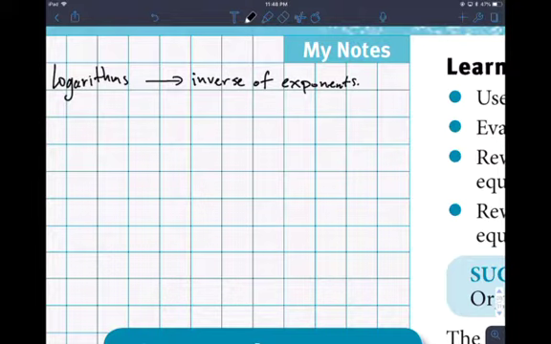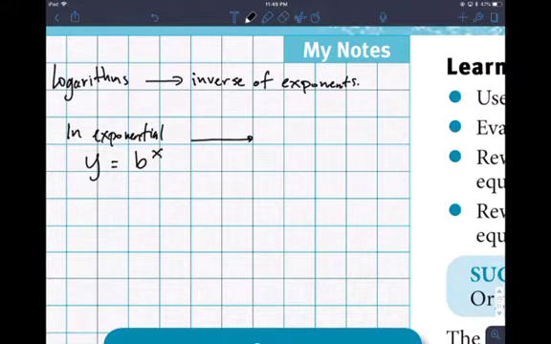We're gonna keep it simple. In exponential form, we have something like this: y is equal to b to the x.